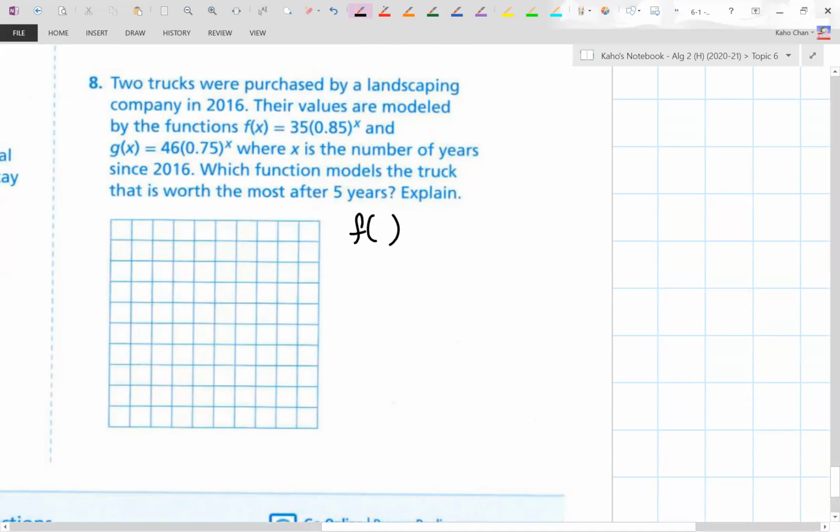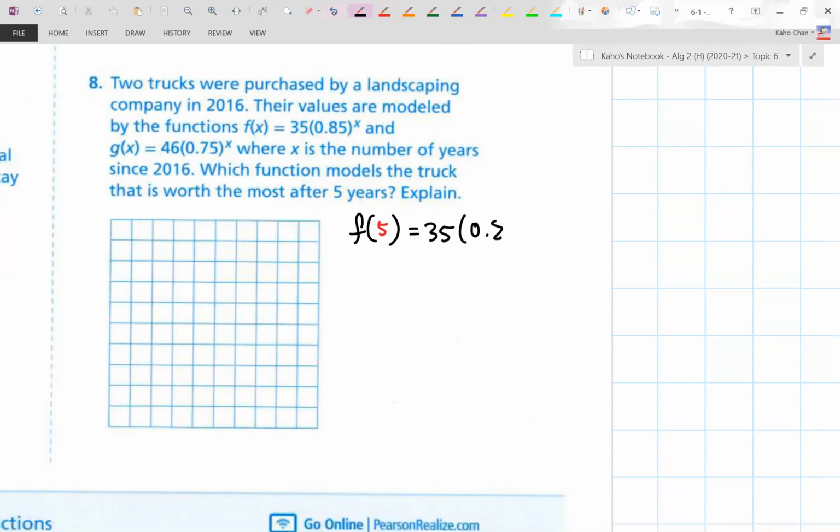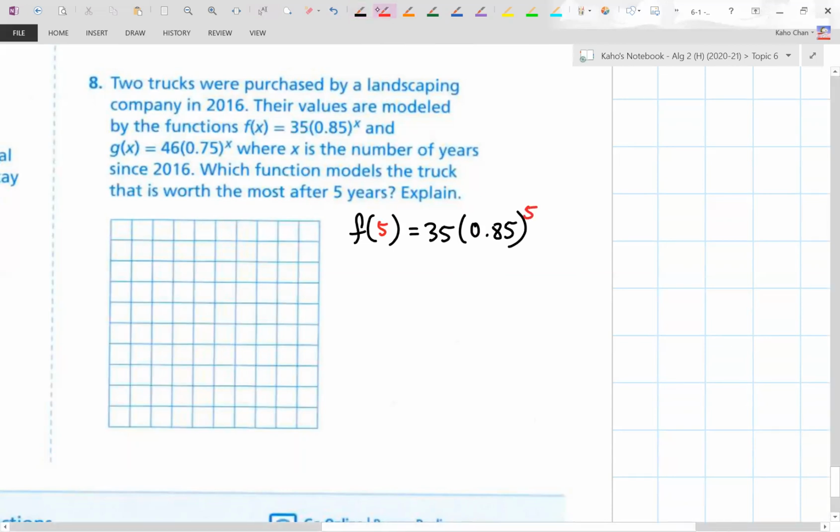Let's go ahead and punch in the number 5 for both of them, okay? F of 5 for the first truck is equal to 35 times 0.85. They both lose value. Anytime you buy a new car, you lose value. If you punch that into the graphing calculator, you'll get $15.5 thousand for the first truck. Looks like the first truck cost $35,000, but it's losing about what is that, 15% loss?